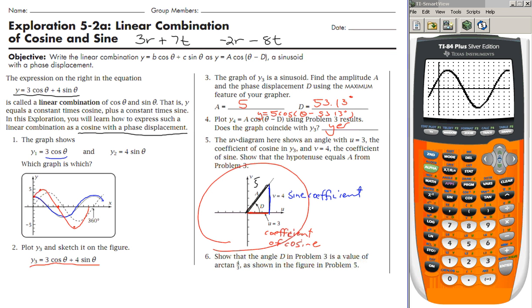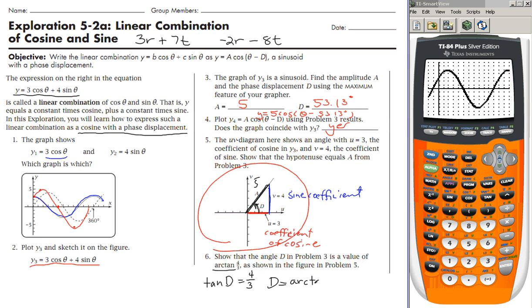That's convenient. How big is this angle here? Well, what I want to do is use 4 and 3, the sides that I knew to begin with, not 5, the one that I calculated. So I would say that tangent of theta, or tangent of d, excuse me, is v over u, which is 4 over 3. So d is equal to, it says here, arctangent 4/3.